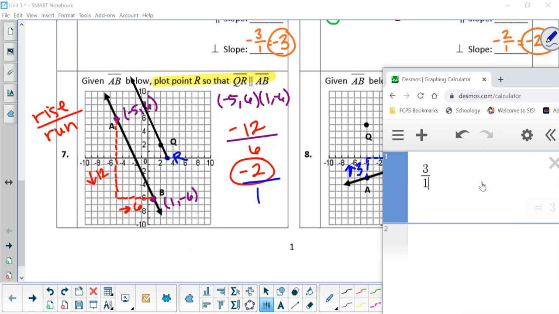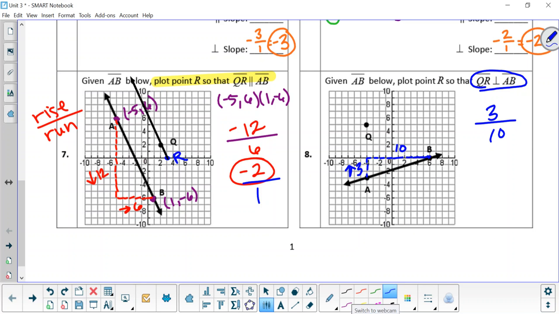So 3 over 10. Yes, 3 over 10 is my slope. So if I'm looking at perpendicular, I'm doing opposite, -10 over 3. So this now means I have to go down 10 over 3. So here's Q. Let's go down 1, 2, 3, 4, 5, 6, 7, 8, 9, 10 over 1, 2, 3. So there would be point R.